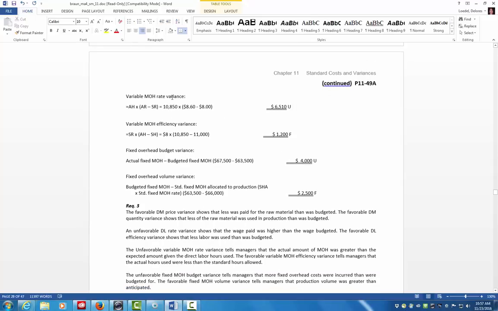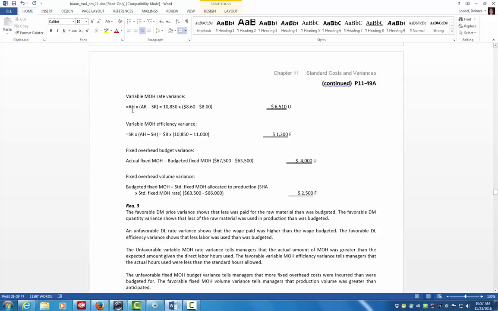Okay, so we also need to look at our variable manufacturing rate variance. That's going to be your actual hours multiplied by the difference between your actual rate and your standard rate.